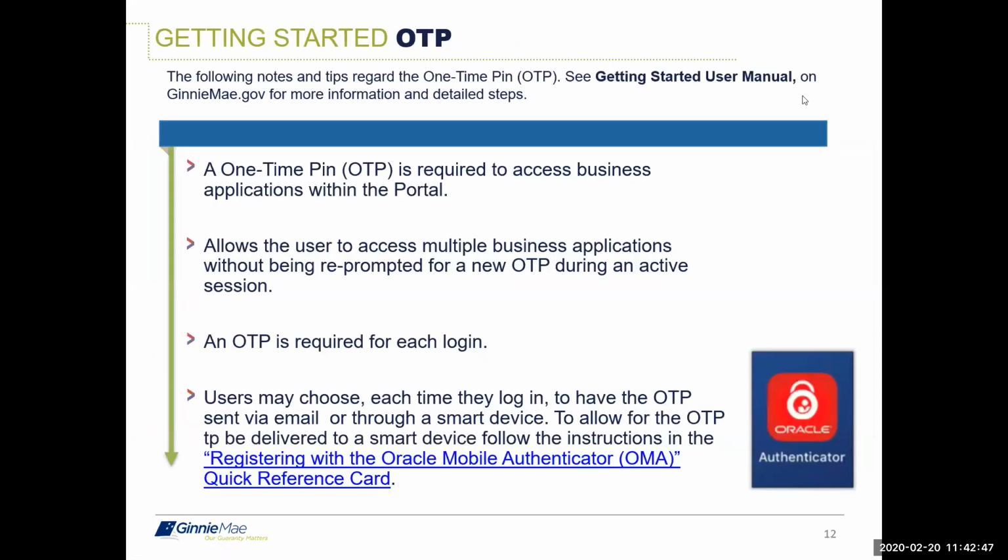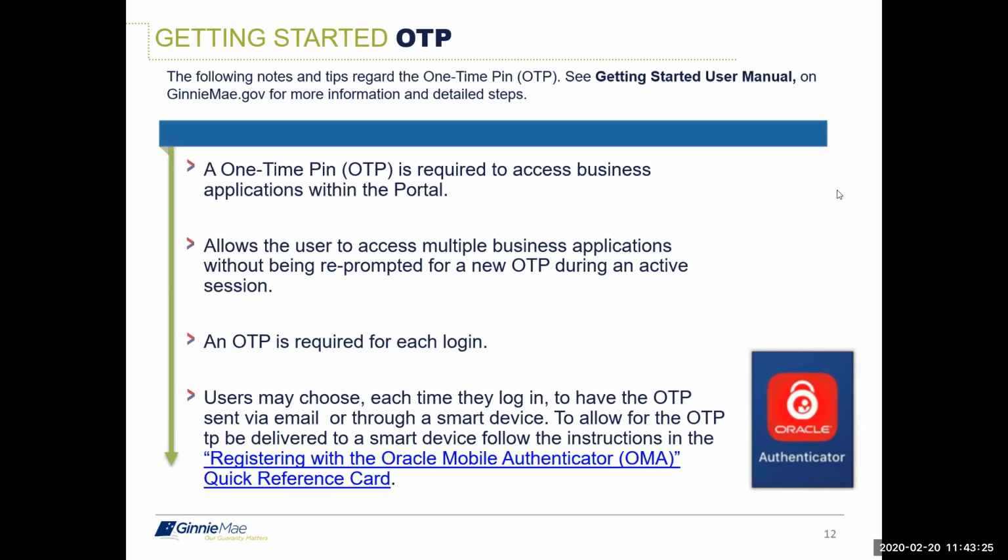This is about the Oracle Mobile Authenticator, and I already talked quite a bit about this. Again, where you used to only have to enter a username and password, you now have to also enter a one-time PIN. You can choose to have that PIN sent to you via email. I strongly encourage you to register for the Oracle Mobile Authenticator. You do have to enter a one-time PIN every time you log in, and getting that PIN delivered to a smart device is much more efficient. There are instructions on how to register with the Oracle Mobile Authenticator on the modernization page of the GinnieMae website.